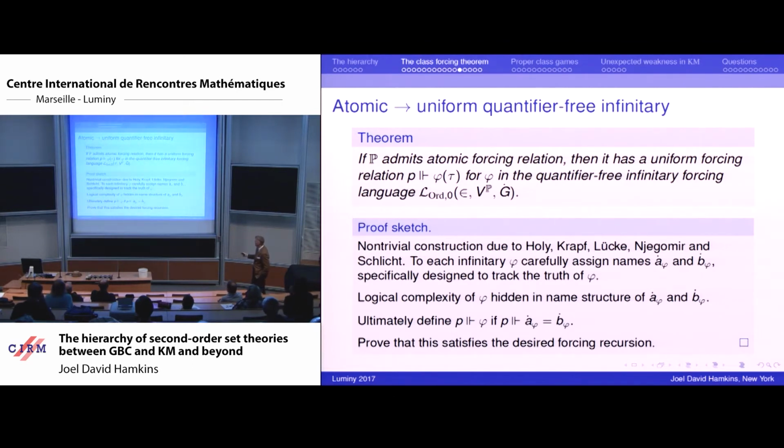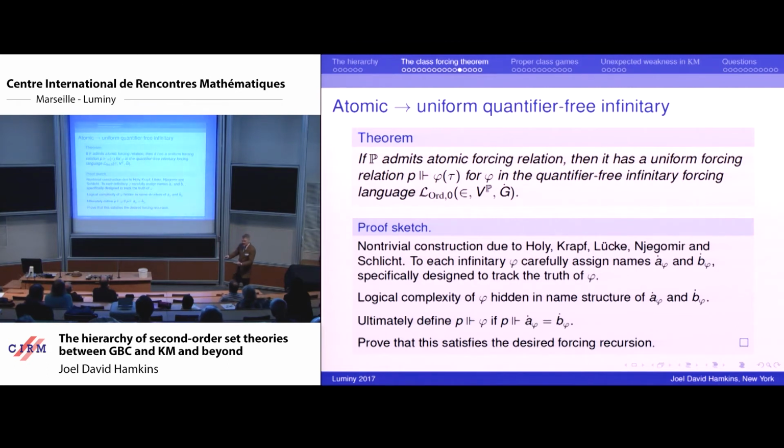Okay. So you assign these names, set names, to the formula, and the way I think about it is basically these names in the hierarchical structure of the names is kind of copying the logical complexity of the formula in such a way that we're going to define now P forces phi if and only if P forces that those names are equal.